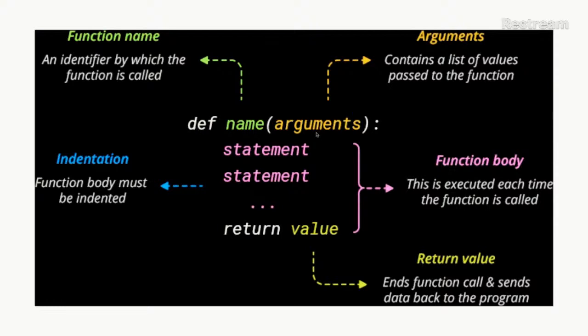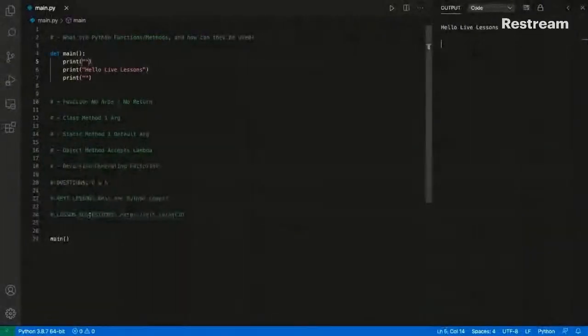So we start off the block of code with the def, and then after it, we indent a tab, and then we start our execution statements inside. And lastly, the return value. Some functions do have returns and some functions don't return anything. In the case of main, back over here, we don't return anything, but we'll see an example of a function returning a value in just a moment.